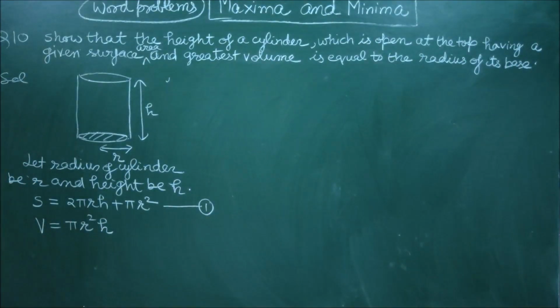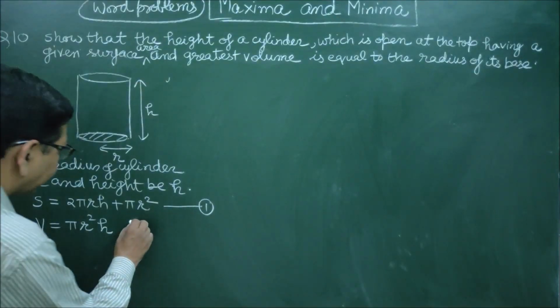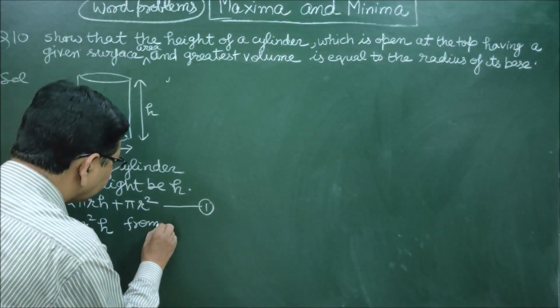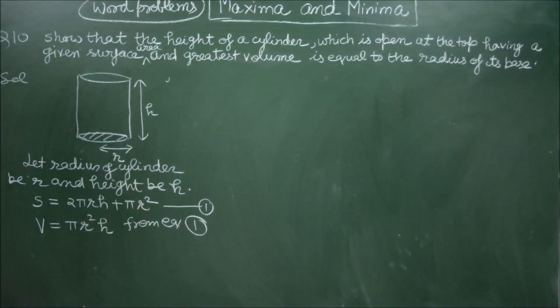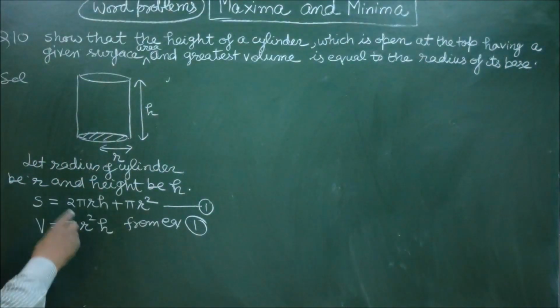Now the volume V should be converted into one variable. So let us convert this into variable r. From equation first we can find the value of h.